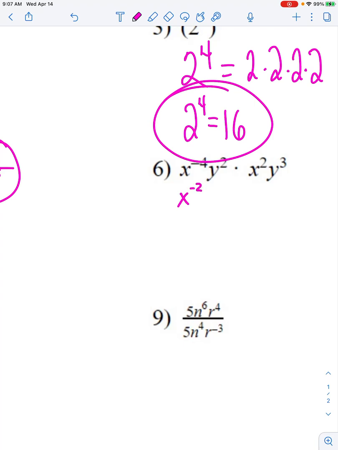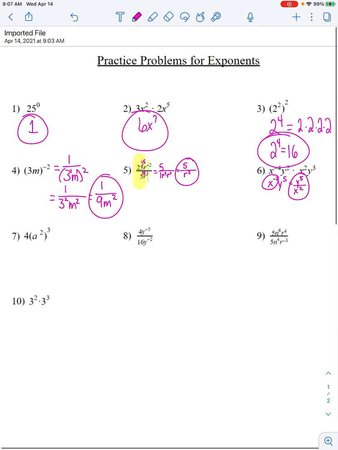Now let's deal with our y's. We have y squared times y to the 3rd. Keep the base, add the exponents. We cannot have a negative exponent in our answer, so this x to the negative 2nd power will move to the bottom. So this becomes y to the 5th over x squared, and that is your simplified answer.